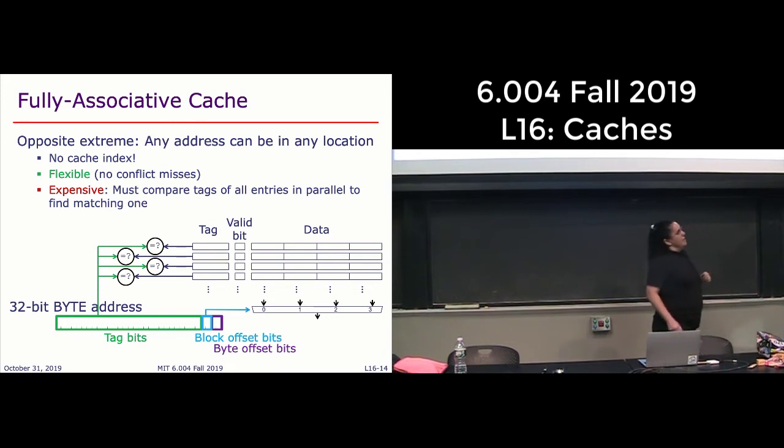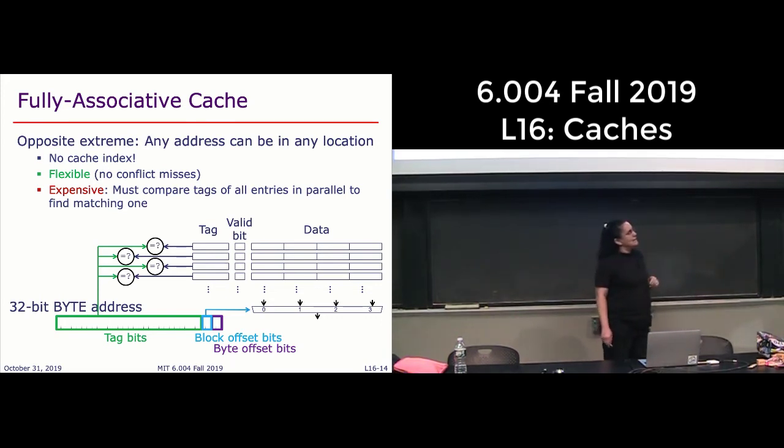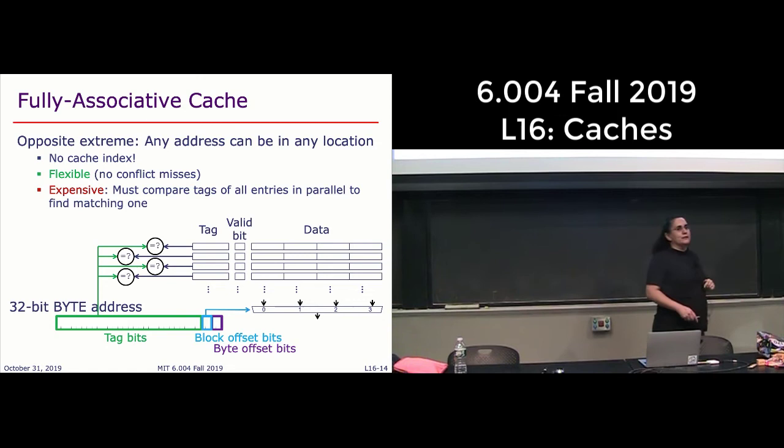So let's see how the search in a fully associative cache works. It looks pretty similar to our direct mapped cache, in that the bottom two bits are 0, 0, and we just ignore them.